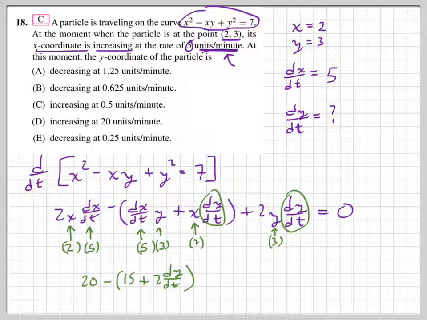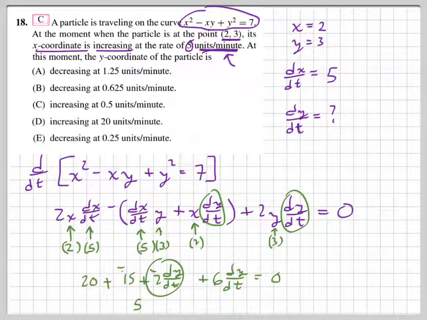And on the outside here, we have a 6 dy dt. Let's get rid of these parentheses by saying that's a negative 15 and a negative 2 dy dt. On the other side, we have 0. So we're trying to isolate dy dt. We don't need these parentheses anymore. Negative 15 and 20 combine together to give me a 5.